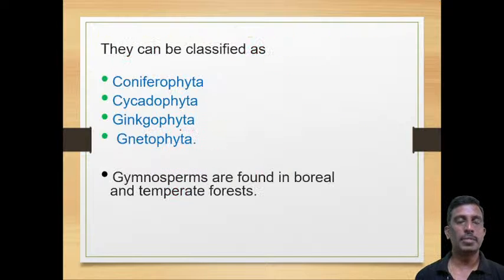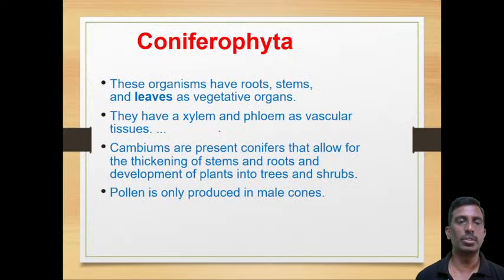And when you come to the classification of gymnosperms, there are Coniferophyta, Cycadophyta, Ginkgophyta and Gnetophyta. Generally they are found in temperate forests and boreal forests. Coniferophyta has conifers, which have root, stem and leaves, with xylem and phloem. Okay. Cambium is present in the steles, which helps in thickening of stems.